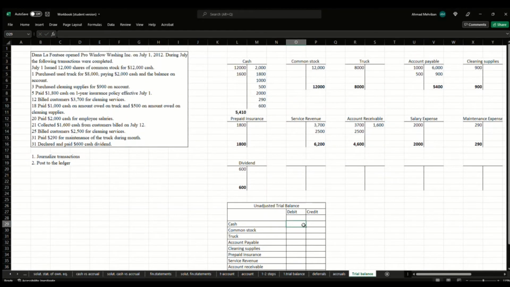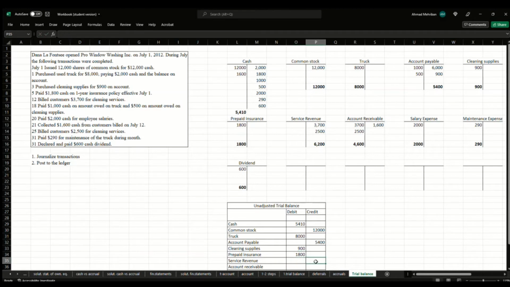So the cash is on the debit side 5,410. Common stock is on credit side 12,000. Truck is debit 8,000. So basically you just post them one by one to the unadjusted trial balance. Cleaning supplies 900. Prepaid insurance is 1,800.